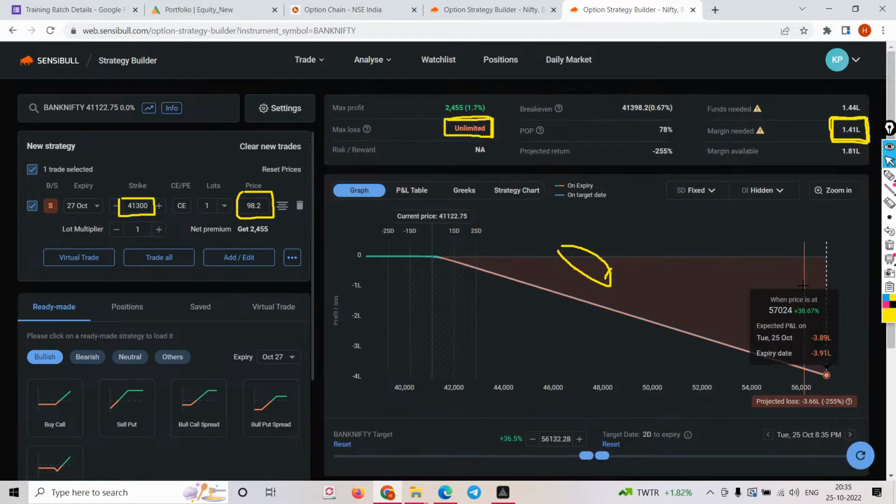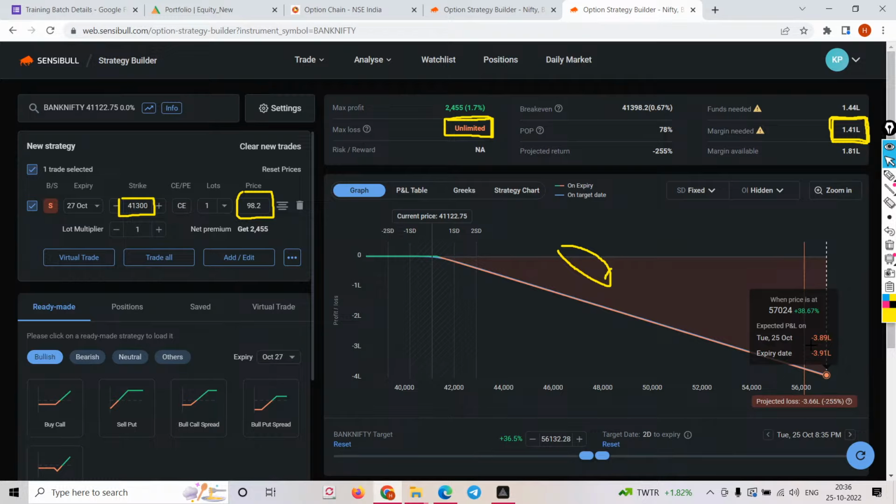Okay, see, if I'm hovering my mouse, let's say tomorrow the market has gapped up by 36%. Let's say, hypothetical example. You will have 3,91,000 as a loss. But the seller has only given 1,41,000. So who is going to bear the remaining 2,50,000? Let's say you as a buyer bought this.